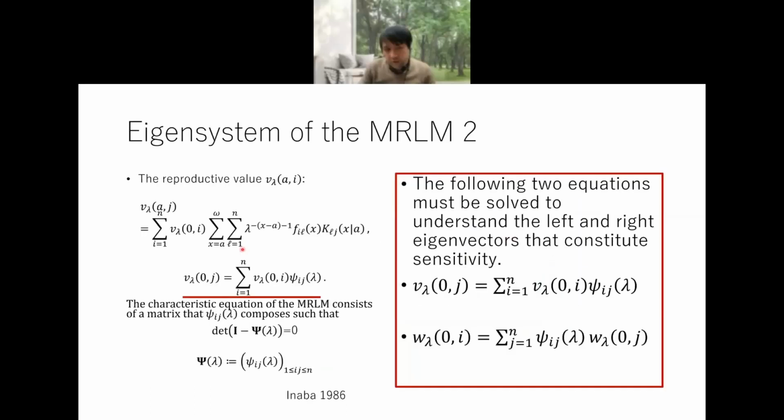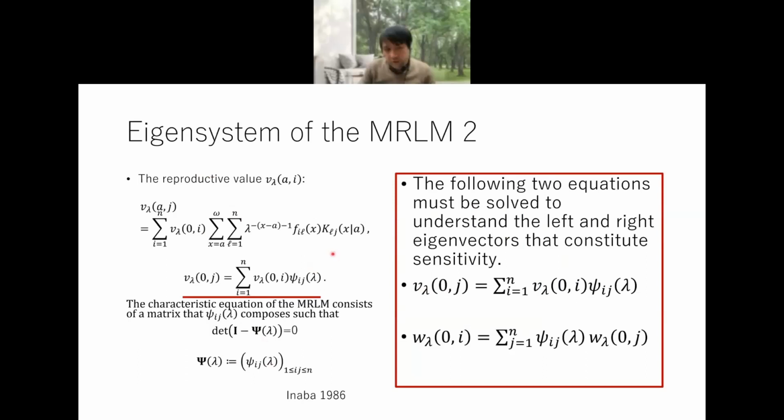And the other eigensystem, the left eigenvector representing the reproductive value, is also expressed by the migration history as follows. However, the following equation must be solved for the reproductive value at age 0.